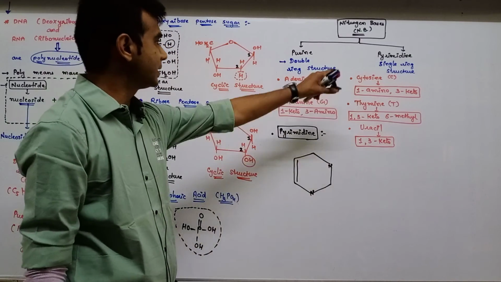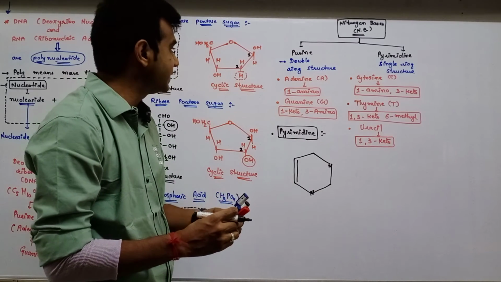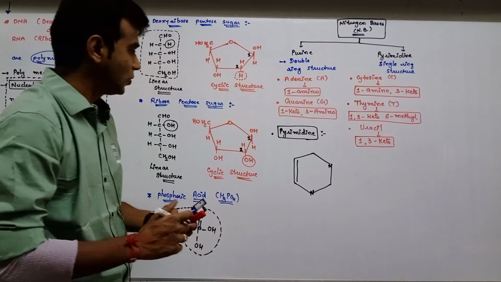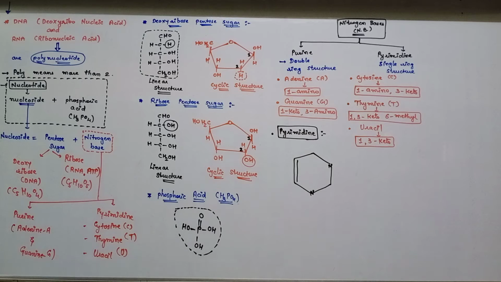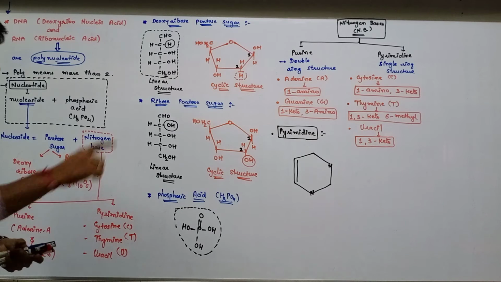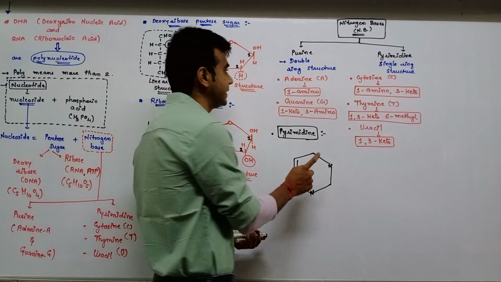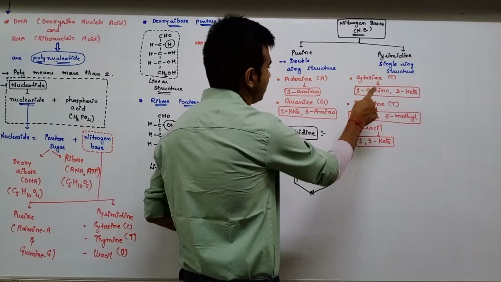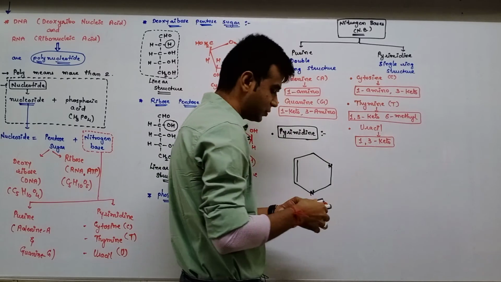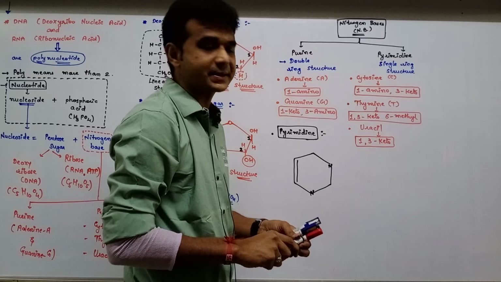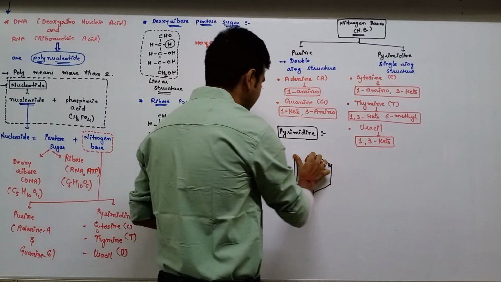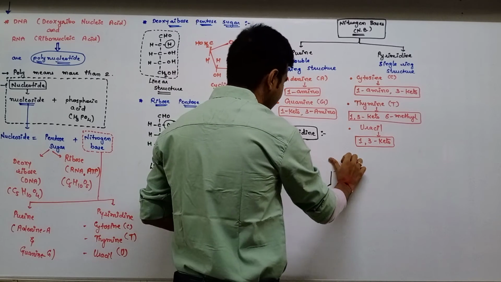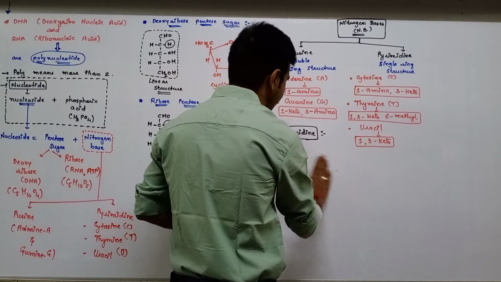Okay, let's see. Draw the structure of cytosine. Suppose this is the structure of cytosine. 1 amino 3 keto. I have to put the first group in this. So again you understand this perfectly, third time and last time.